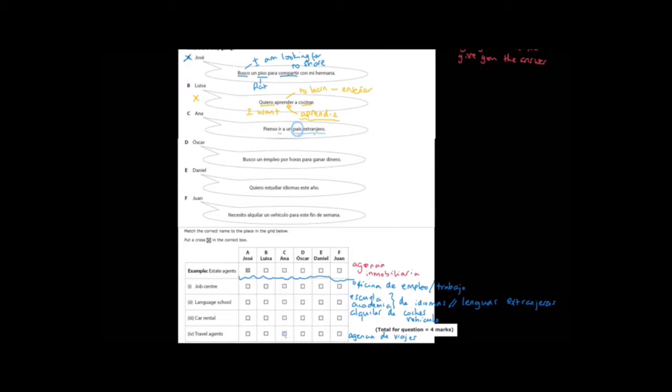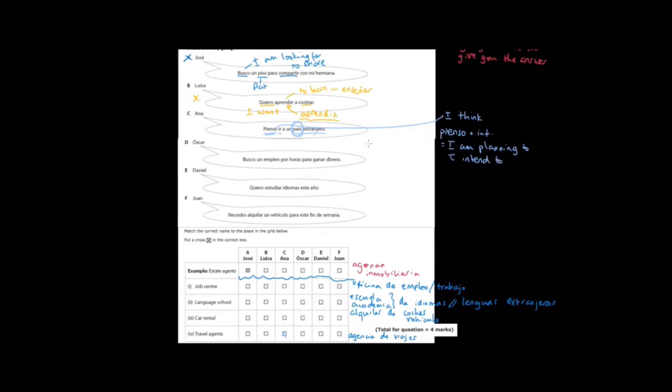Now, an interesting expression, this pienso ir. Pienso means literally I think. But when pienso is followed by an infinitive, like in this case ir, then it means something more like I am planning to, or I intend to.